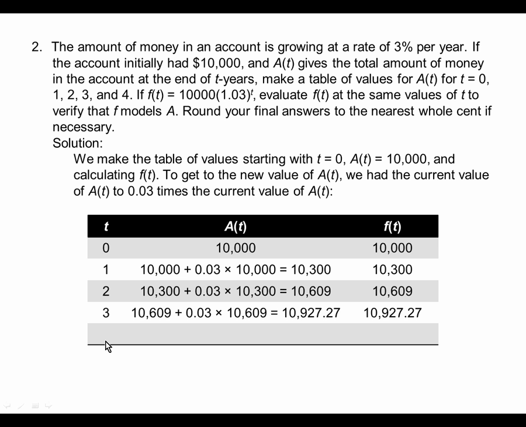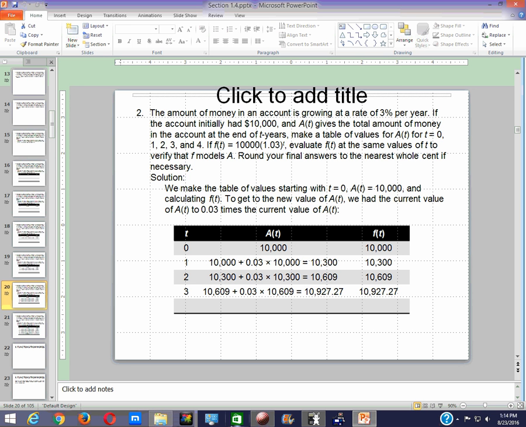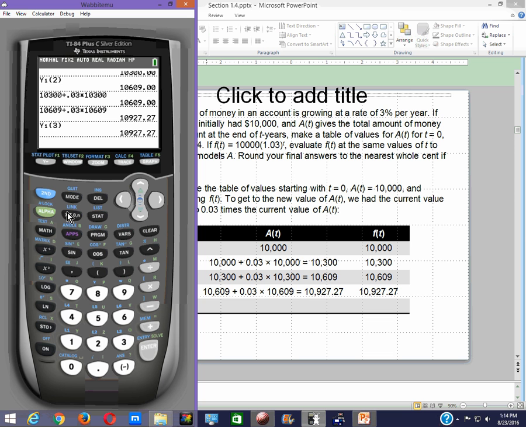We have one more row to go. Let's go ahead and do the f of 4. So second, enter, f of 4, $11,255.09. If I do the A of t, it's supposed to be $10,927.27 plus 0.03 times that amount.